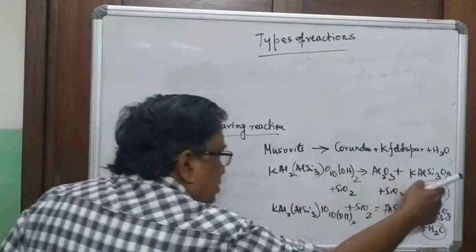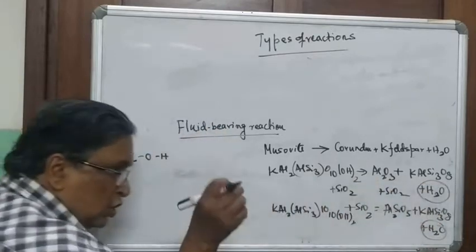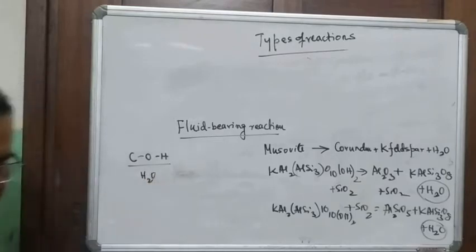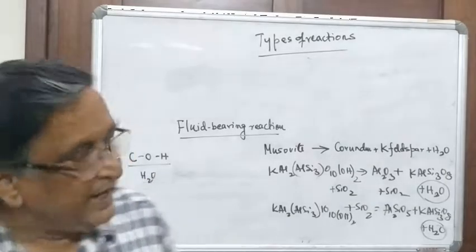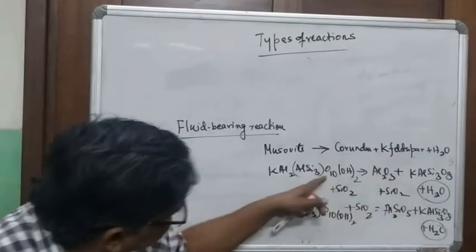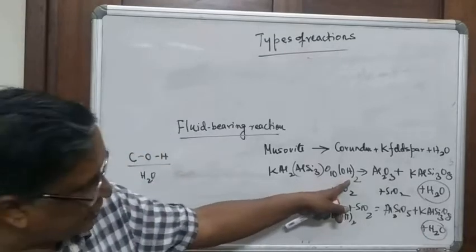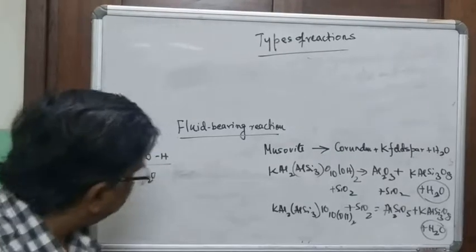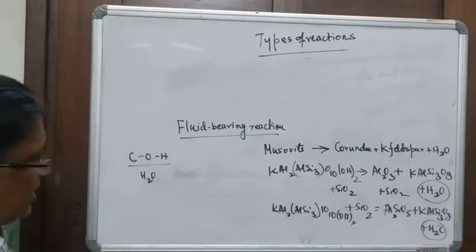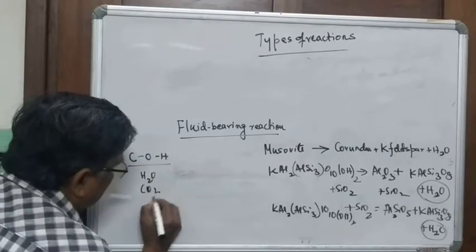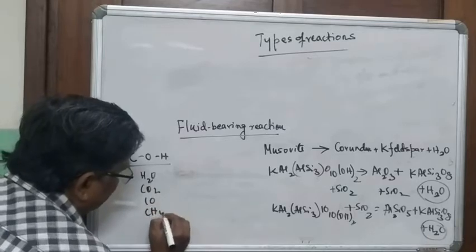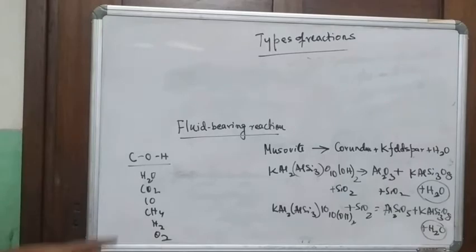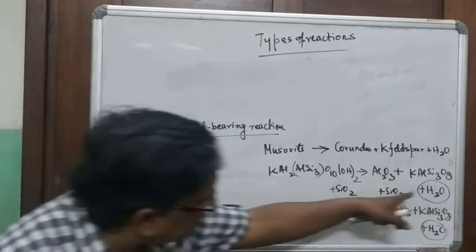But this reaction only allows you to incorporate the H2O component of the fluid. That's all. This reaction, in order to balance the structural hydrogen, you have to have H2O for balancing. That means this H2O fluid component, H2O, CO2, CO, CH4, H2, O2, all this, you have balanced it with H2O.